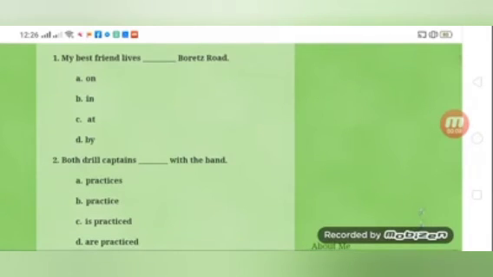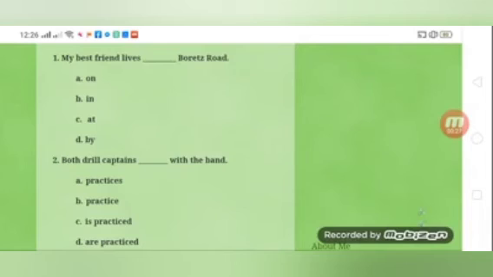Okay, so my best friend lives blank Boritz Road. Okay, so for road, the preposition we use is on, for roads, avenues, streets, like that. So just say, my best friend lives on Boritz Road.